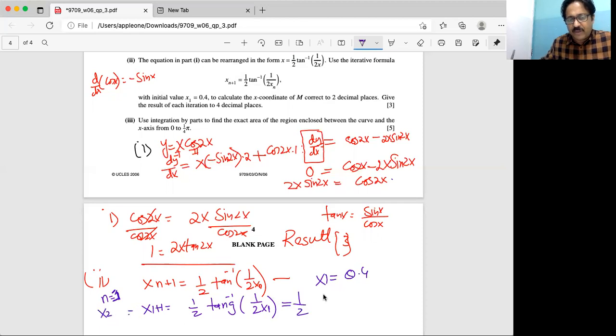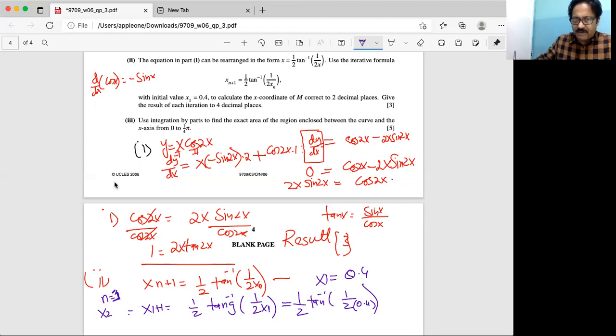This is x2 now: 1 over 2 tan inverse of 1 over 2 times x1. The result for x1 is 0.4. Now I'm using the calculator: 0.5 tan inverse, fraction 1 divided by 2 times 0.4, and closed.